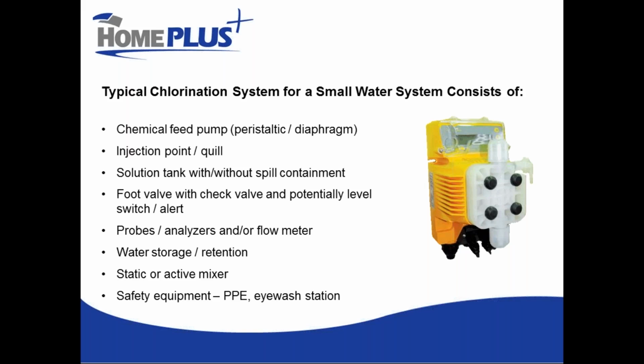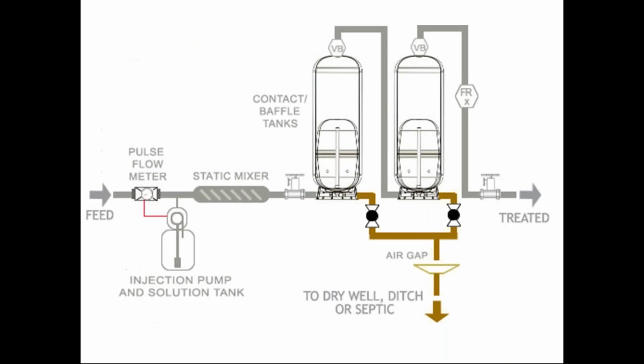You'll have some sort of water storage, which provides our retention time for contact. And you may have some sort of device, either static or active, to provide mixing. And you should have some safety equipment around, certainly PPE, and in many cases an eye wash station.